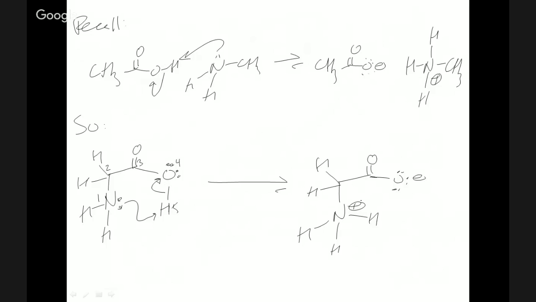That's actually the favored form of amino acids at pH 7. Okay, so this is an introduction to amino acids. We'll come back to this later. This wraps up the carboxylic acids chapter, and we will see you on Tuesday.